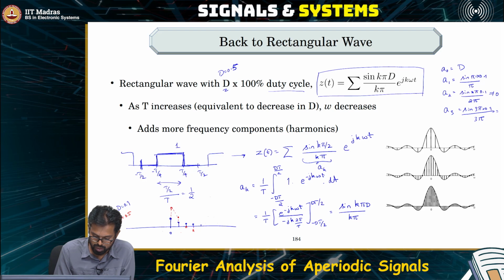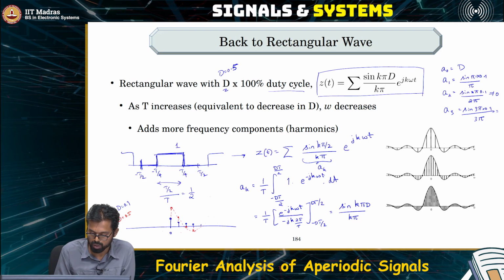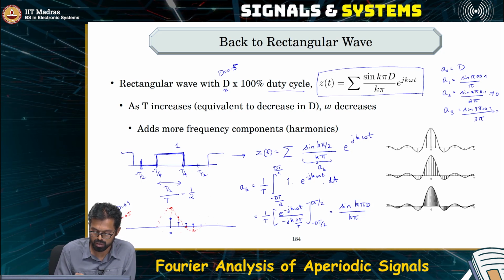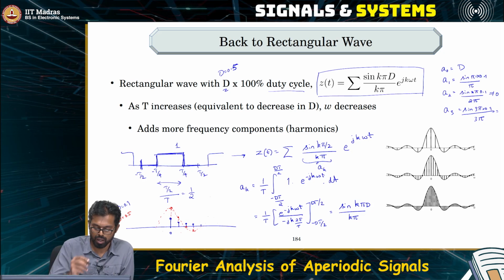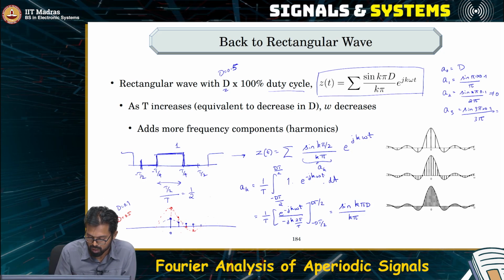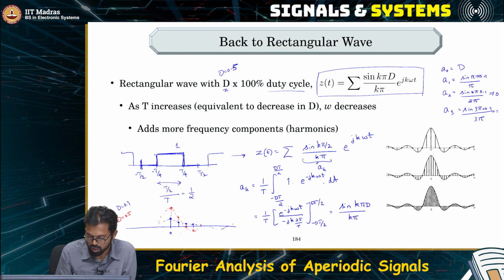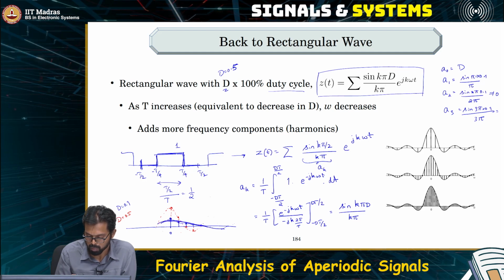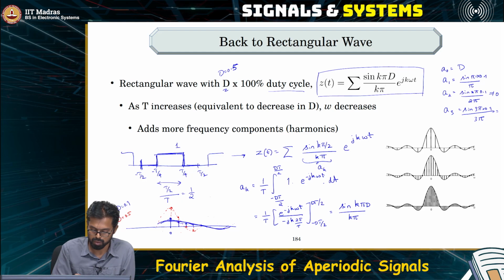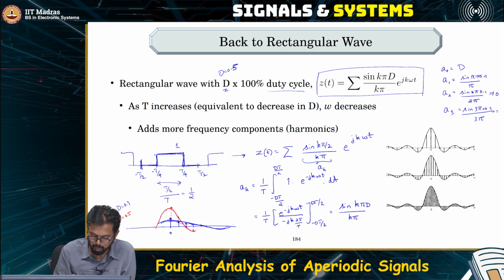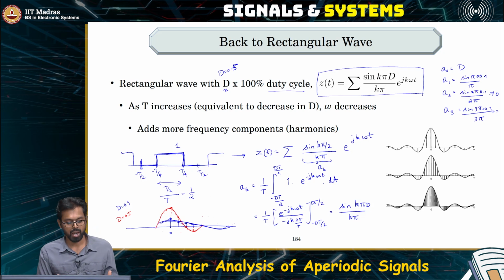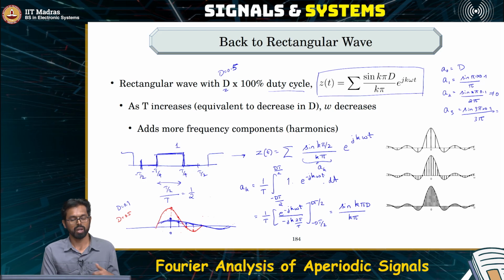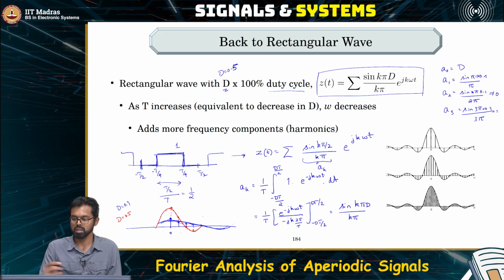As you can see here, the envelope of the signal at least looks like this for a larger duty cycle, and the envelope of the signal looks like this for a smaller duty cycle. So it's the same shape, but for a smaller duty cycle it looks as if it was stretched in frequency. Okay, so that's how this expression turns out to be.